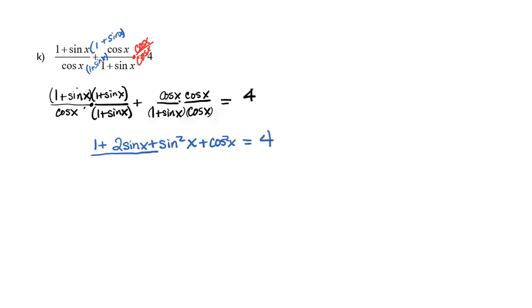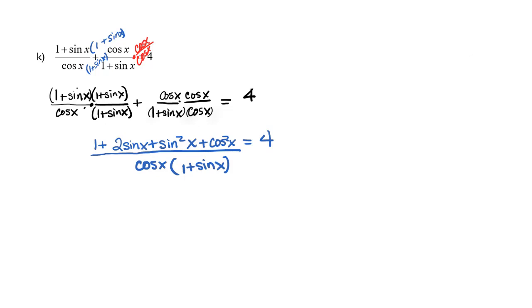But now the denominator on the left hand side is going to be cosine x times 1 plus sine x. I'm not going to distribute that cosine yet. I'm not sure if it's going to help me or not, so I'm just going to leave it factored for now. I need to look at my numerator and decide if there's anything I can simplify.